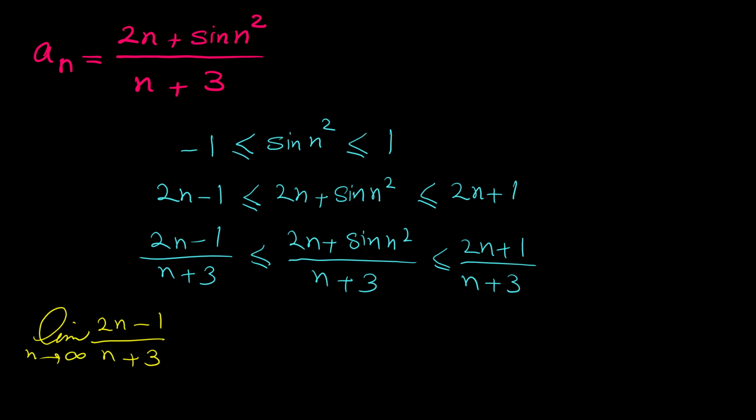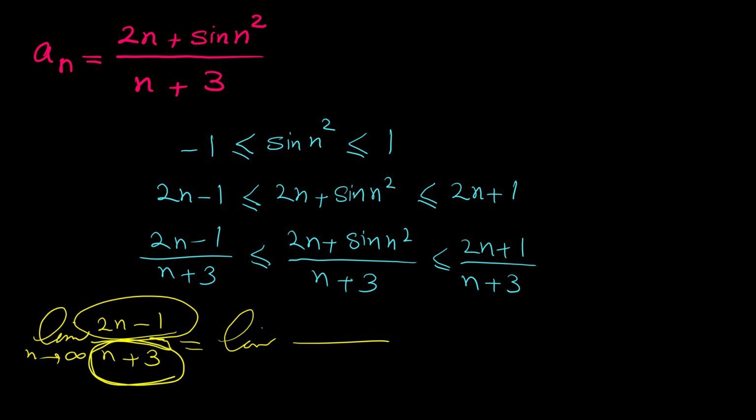You can find this limit in different ways. One method, which is very fast and very easy, is to keep the dominant terms in the numerator and the dominant term in the denominator. In this method, we look at the numerator and just keep the term or the terms that are dominant.